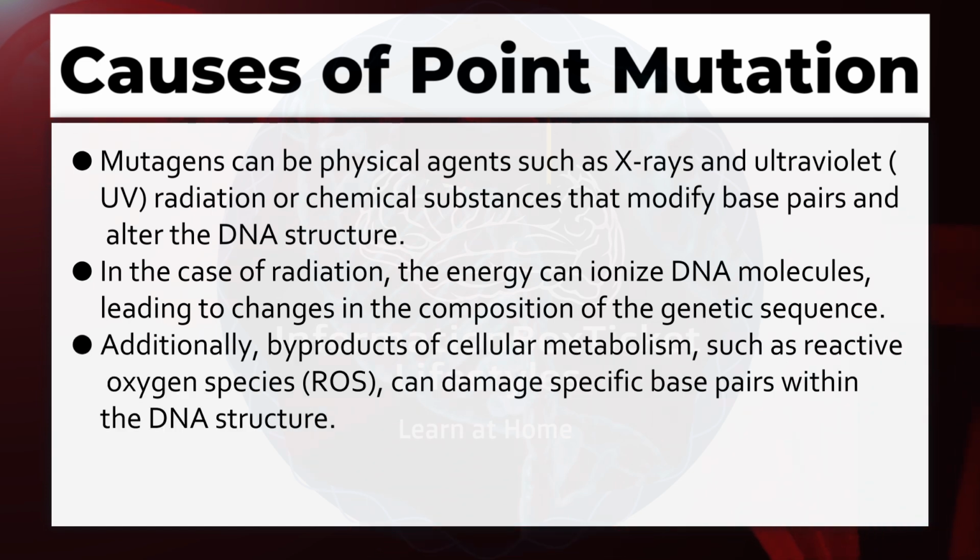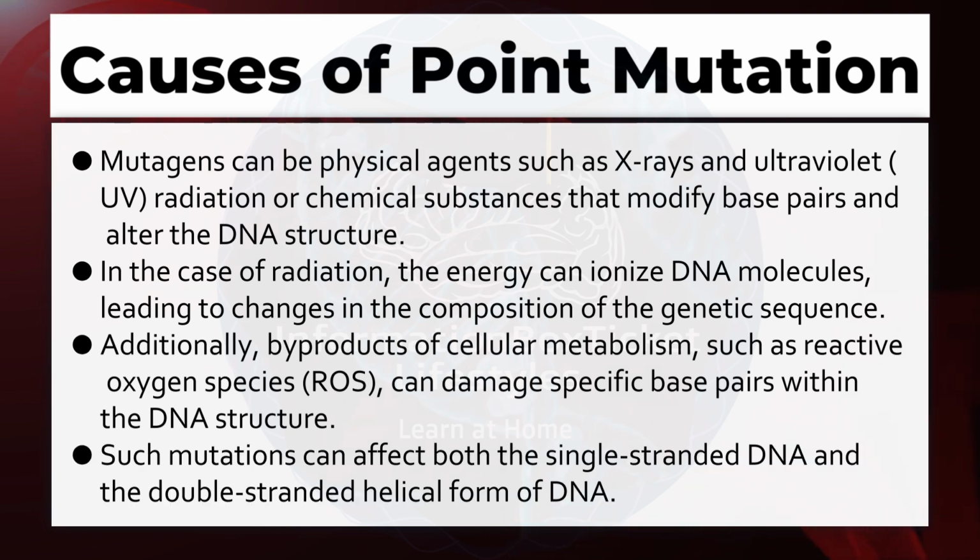Additionally, byproducts of cellular metabolism, such as reactive oxygen species, ROS, can damage specific base pairs within the DNA structure. Such mutations can affect both the single-stranded DNA and the double-stranded helical form of DNA.